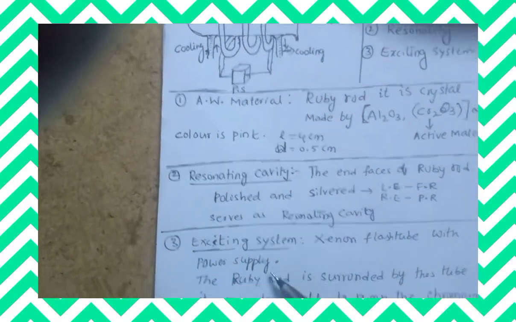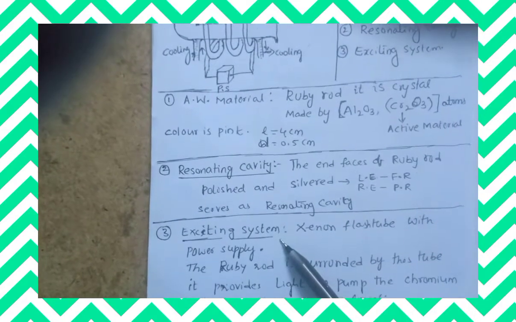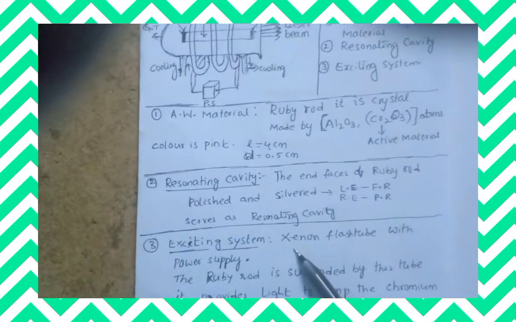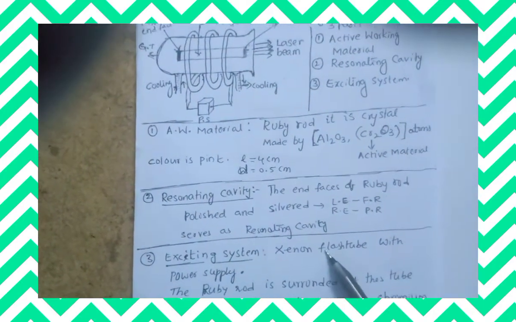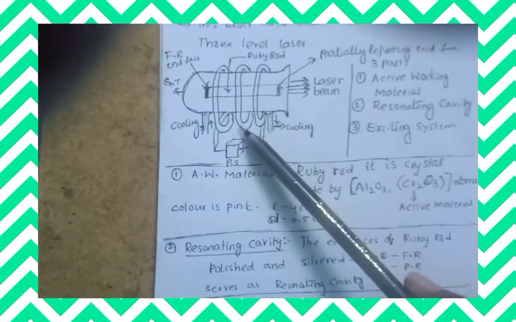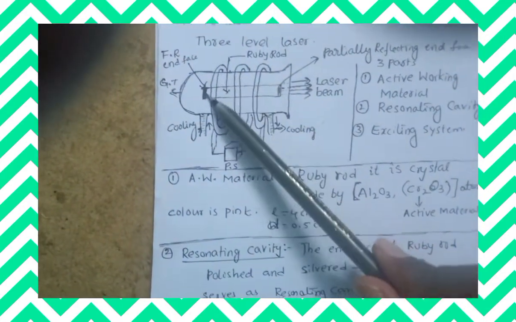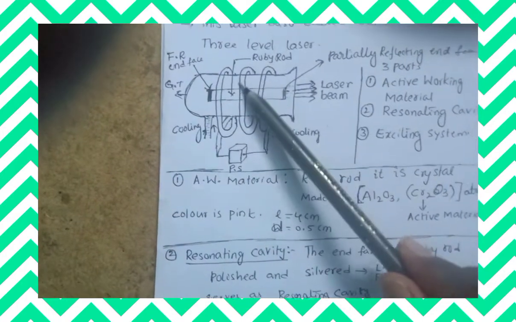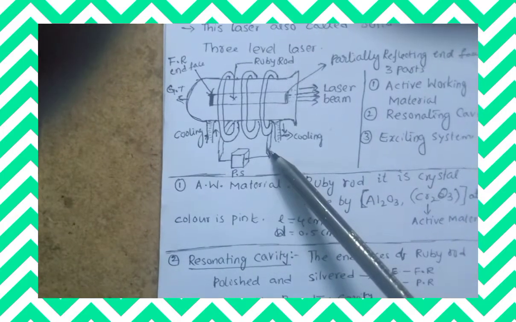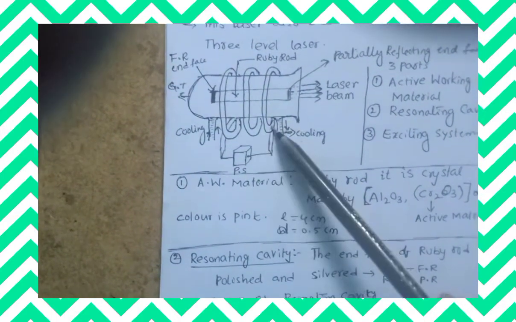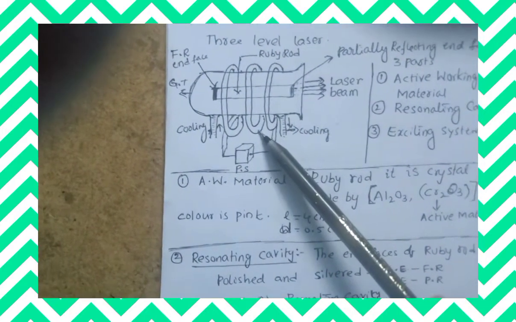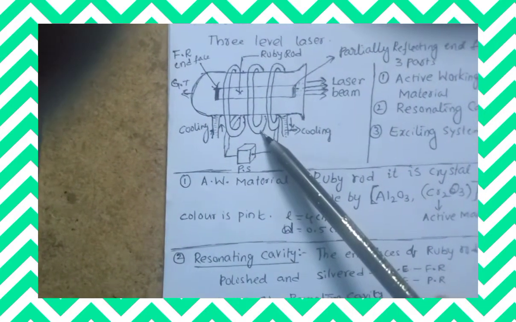Now see the third one, the exciting system. What exciting system are we using? We are using a xenon flash tube with a power supply as the exciting system. This is the helical shaped xenon flash tube. This xenon flash tube gives light to pump the chromium ions to higher energy levels.